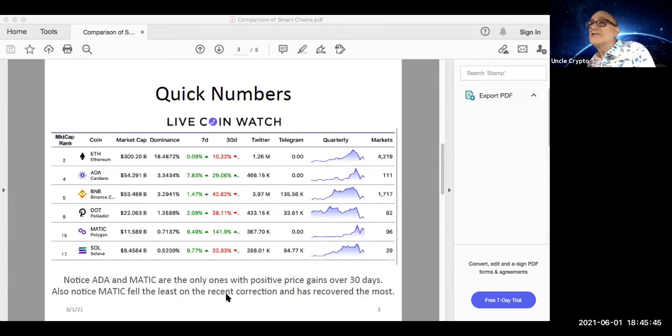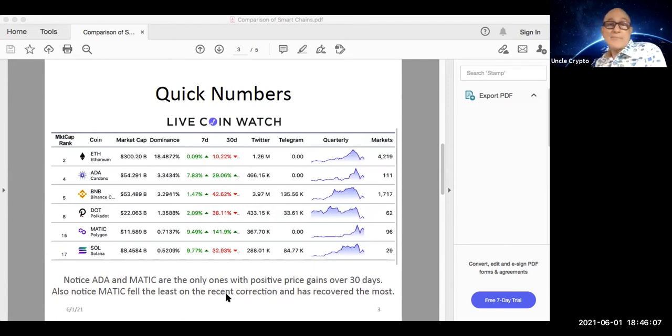One of the first things you'll notice is that ADA, which is Cardano, and MATIC, which is Polygon, are the only two that were, as of this morning, up for a month. If you compare where it was a month ago to where it was this morning, it would be up. The rest of them are all down.